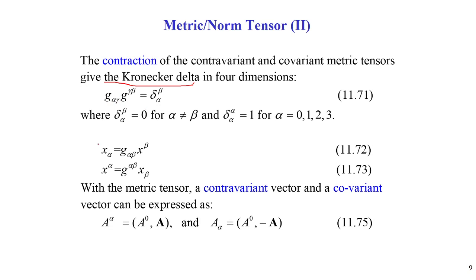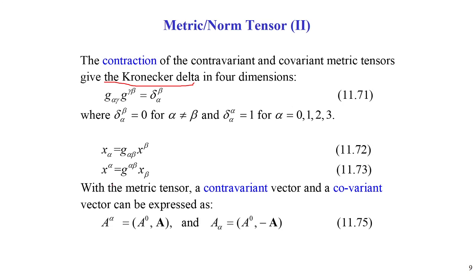Okay, so this is a Kronecker delta. That is, delta beta alpha will be 0 unless alpha equals beta. Then it will be 1. So the Kronecker delta will be 1 or 0.